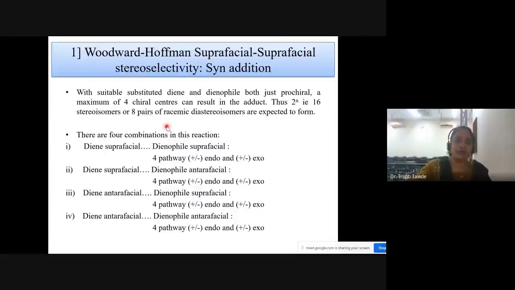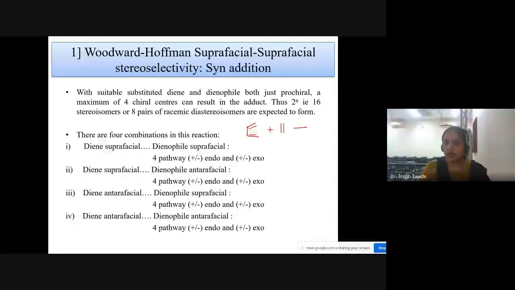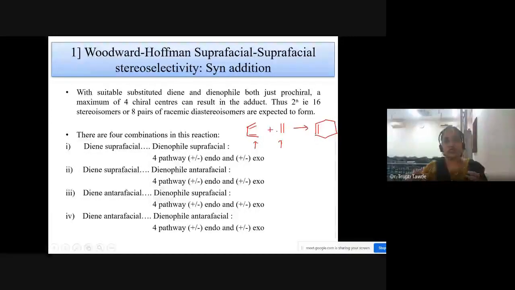So for example, let us assume we have a diene and a dienophile. If this reaction occurs, I'm going to end up with a cyclohexene. Now, this diene and this dienophile can approach each other in different ways.